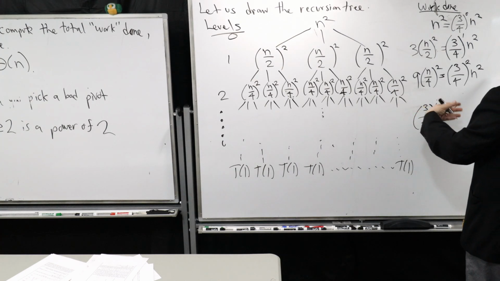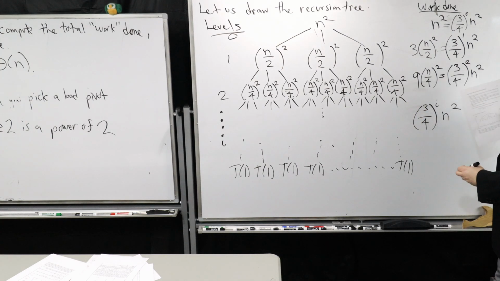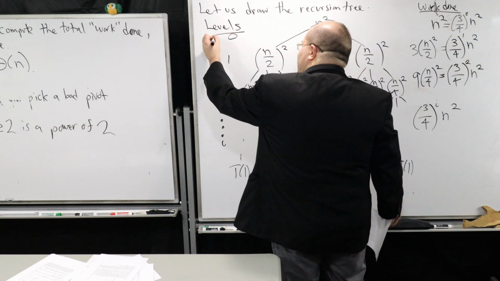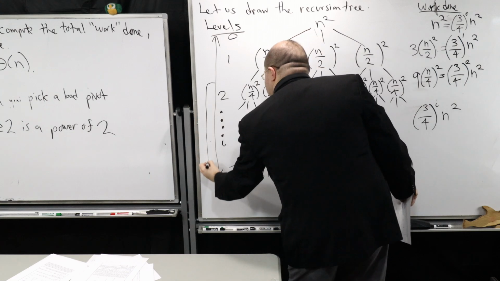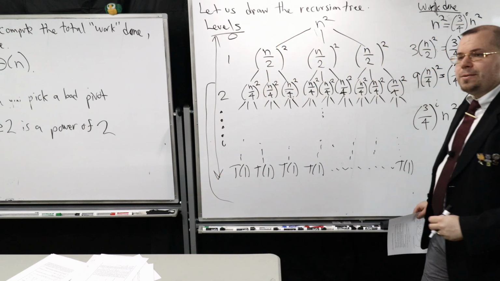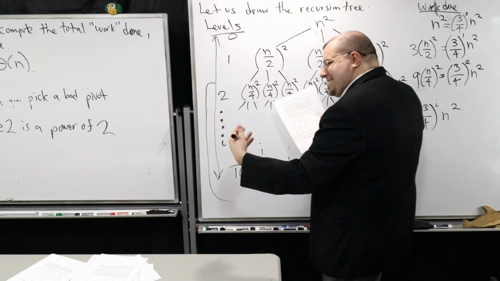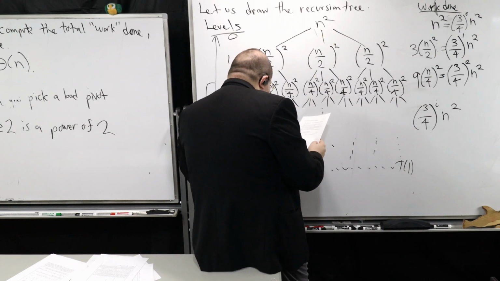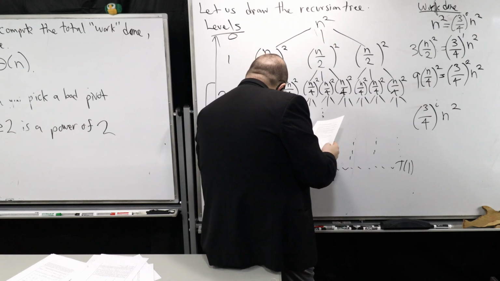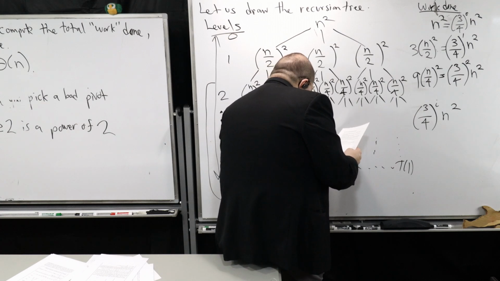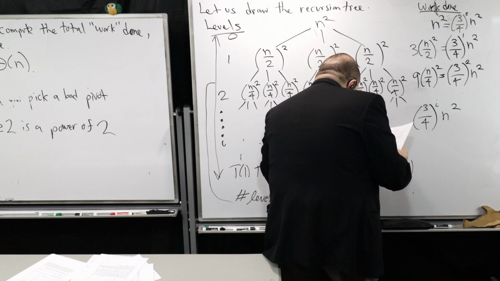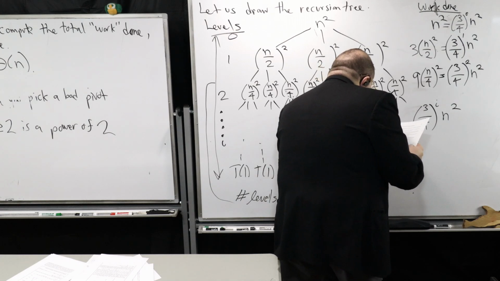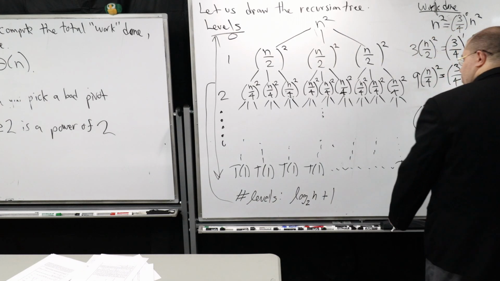Or I can think about it using the definition of a logarithm, because for the number of levels in this tree, notice every single time I do this, I halve the size of the input, right? And you know that means it's going to be logarithmic. You could formulate the number of levels, because n is a power of 2, as log base 2 of n plus 1.